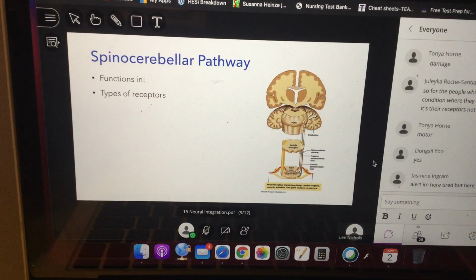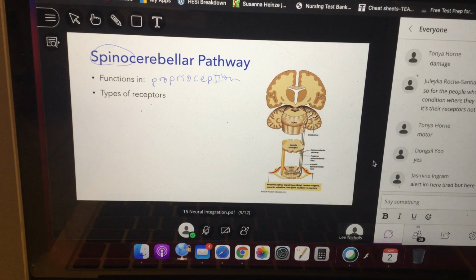All right, let's finish with motor. Oh, the spinocerebellar pathway. Yeah, one real quick note on this one, because there's just one little fill in the blank. Proprioception, top of page 184. Proprioception, spinocerebellar pathway.